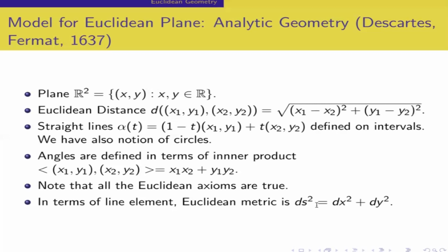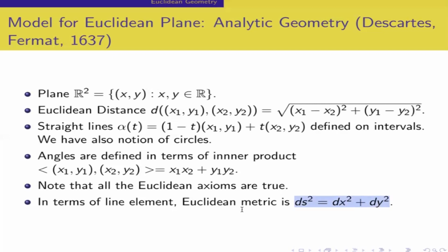You can compute the Euclidean length. Alpha of t, suppose it is (x(t), y(t)). So the length of alpha is the integral from a to b of the square root of (dx/dt) whole square plus (dy/dt) whole square, dt.